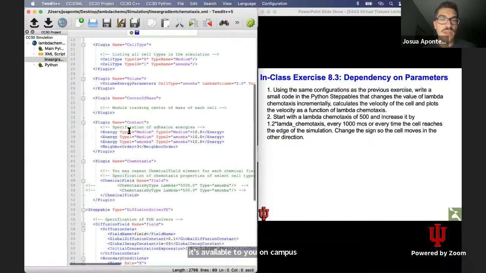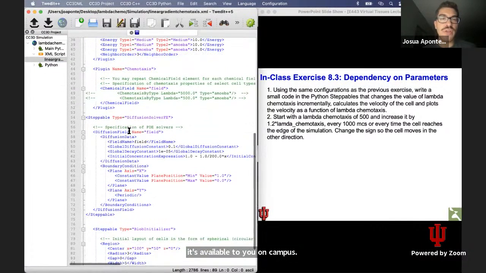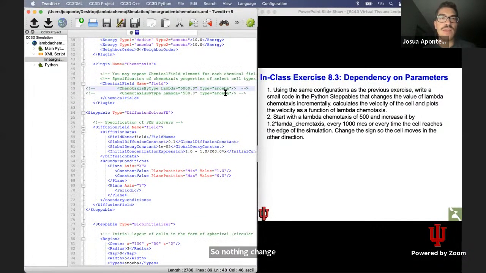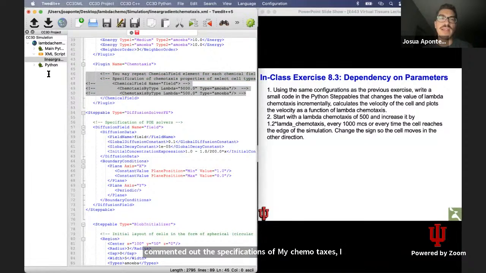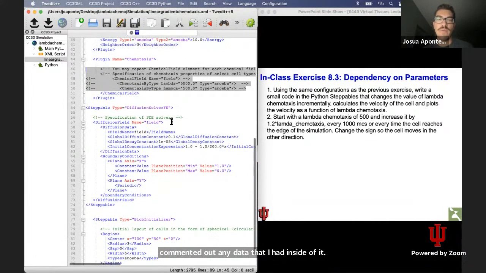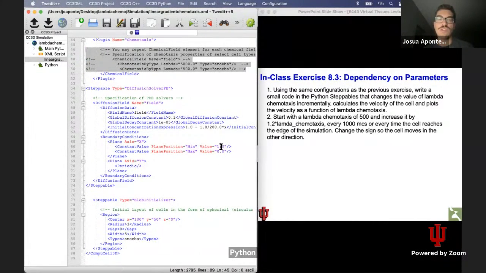So nothing changed in this simulation, except that I commented out the specifications of my chemotaxis. In the chemotaxis plugin in the XML, I commented out any data that I had inside of it, because I'm going to specify it using Python. Initial conditions are the same as I had in the previous simulation.